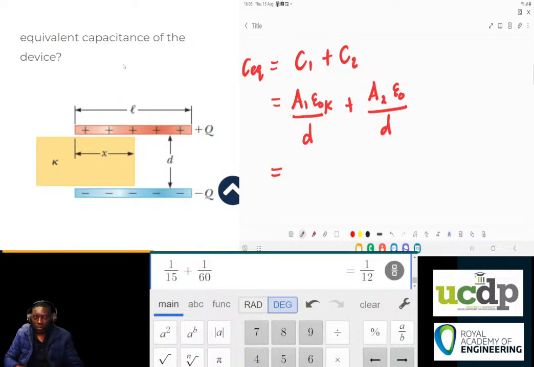L minus, which one, for the one with the dielectric, or the other side? Oh, okay, the one with the dielectric.